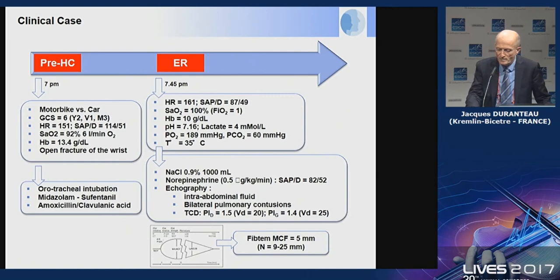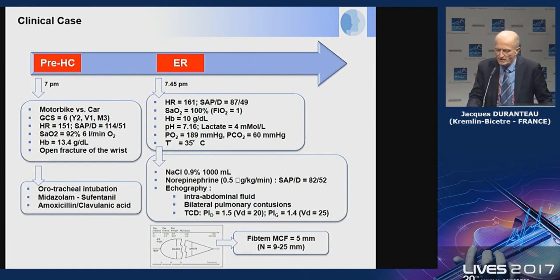The first remark about saline, and once again, balanced isotonic fluid. I think that balanced isotonic fluid could be a good indication in brain injury. But once again, most of the time we use saline.